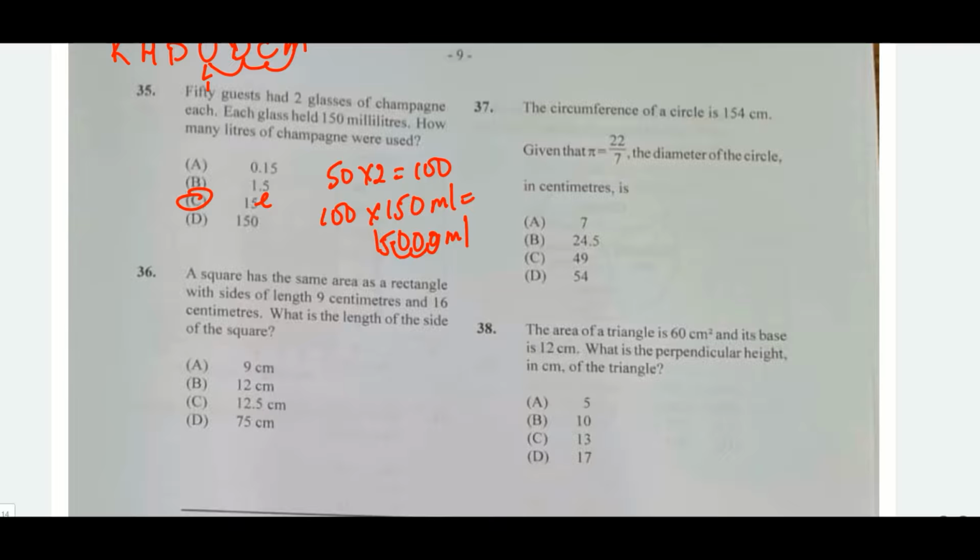So since it wants us to find the diameter, circumference is equal to pi d, that means that diameter is going to equal circumference divided by pi. So the circumference is 154, and to divide by pi, which is 22/7, is the same thing as to multiply by the reciprocal of 7/22.